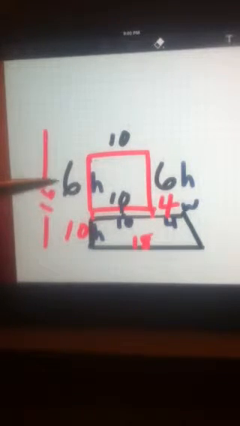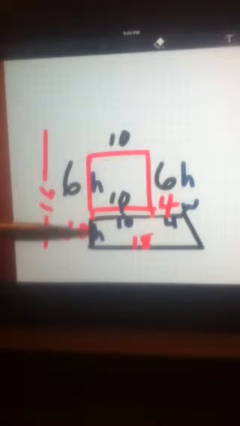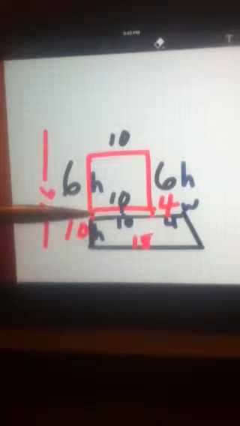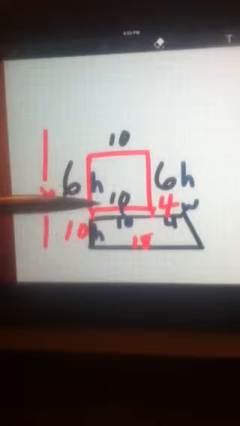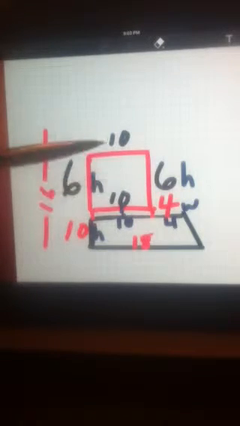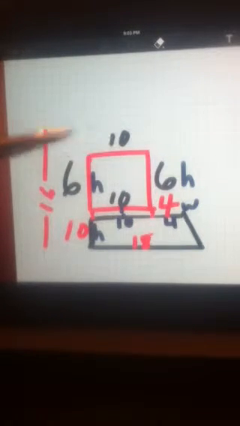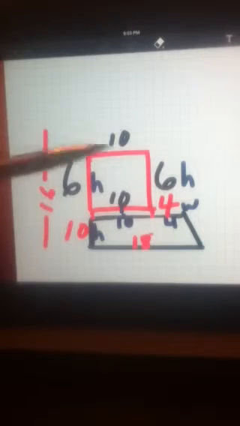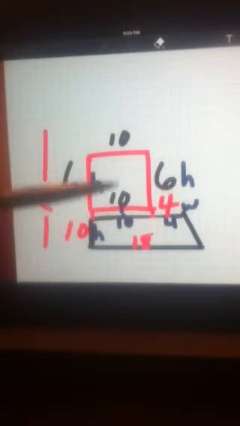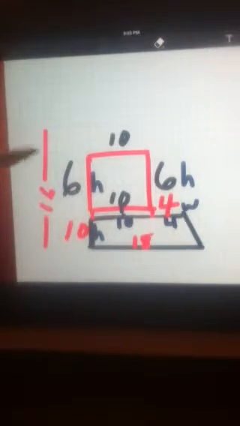So you can see that the length they gave us, which was 6 for this side right here, and the total length, which is 16, if you subtract 6 from 16, you're going to get 10 for this height of the trapezoid right here. Therefore, you'll still have 10 for the base of the rectangle and 10 for this part. If this is 6, then this side will have to be 6. If this is 10, then this side will have to be 10. So that's how we got those numbers there.